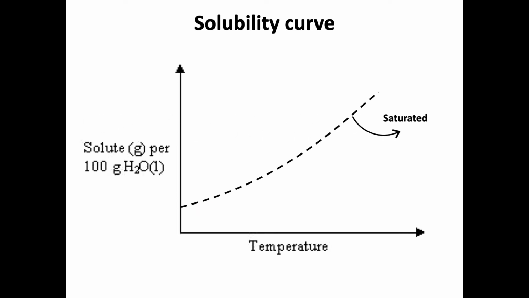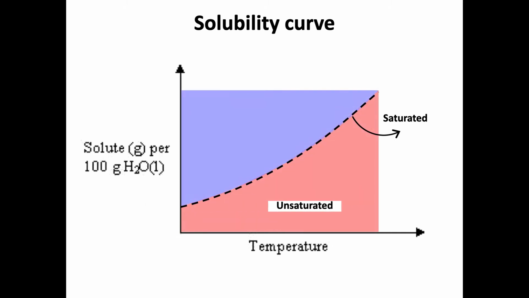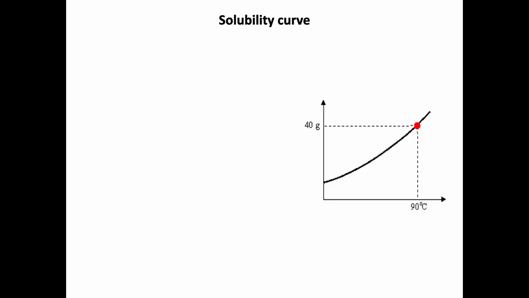And in fact, this is the type of thing that you would see for water and salt and quite a few things. So let me break this down here. We have this line, and the way that you read it is 40 grams will dissolve in 90 degree water.